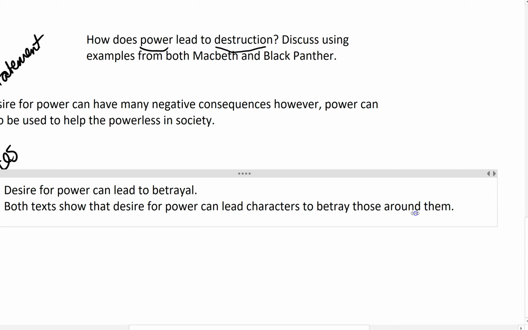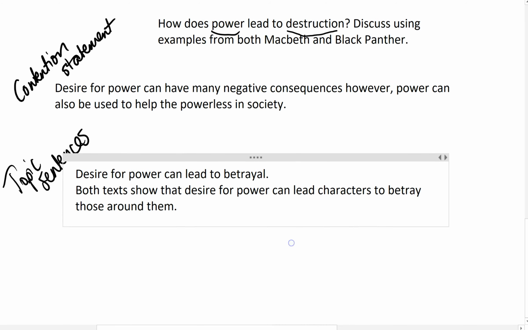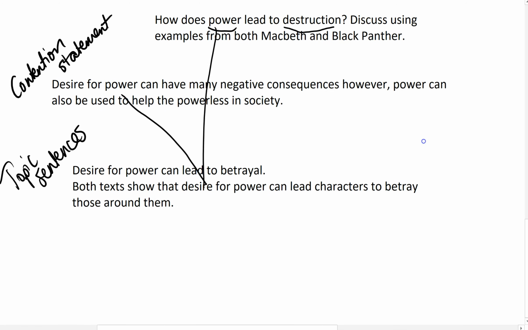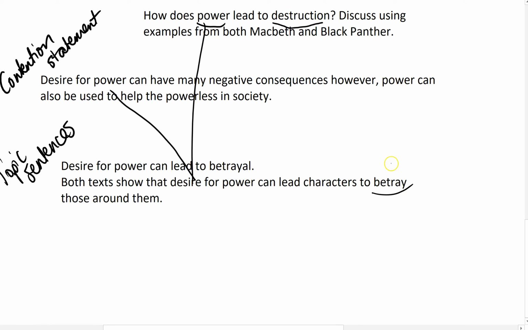So then I have to check, is it connected to my essay topic and my contention statement? Well, it's got desire for power, which is in both the essay topic and the contention statement, and the distraction is in the form of betrayal. And immediately I start thinking about, well, what characters are betraying those around them.